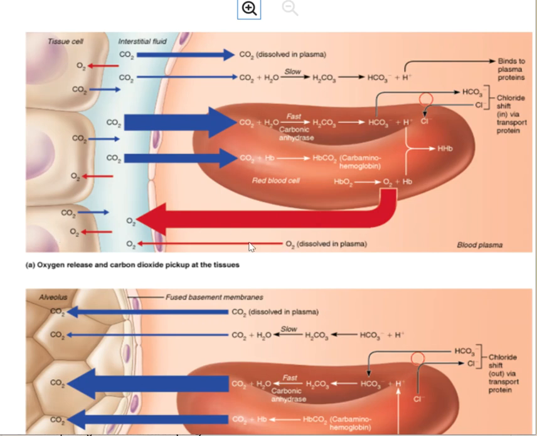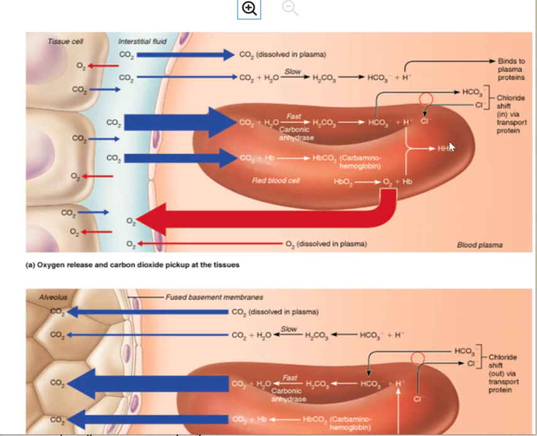A little bit of it dissolves into the blood plasma and does the same thing. Notice that when we free up this hemoglobin, we now have a hydrogen that we can grab onto and hold onto, which seems like a good thing because we don't like hydrogen all the time. All right, so those two things are the Bohr effect and the Haldane effect.